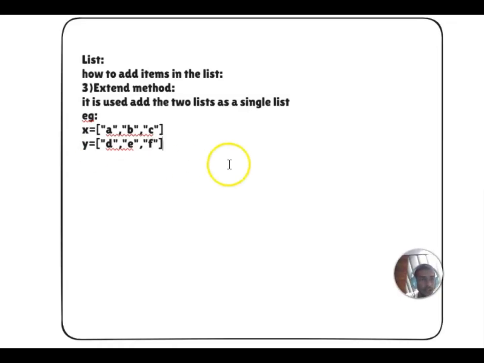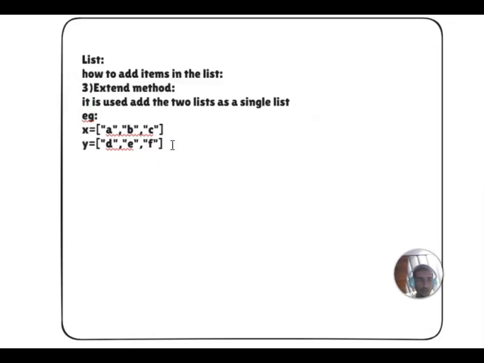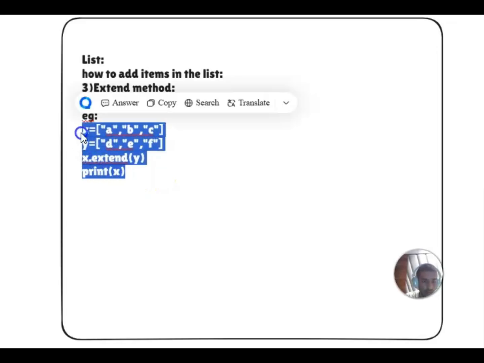Let's try to add these two lists as a single one. Let's take x dot extend and write the second list that you want to add with the first, and print the x and try this code in VS Code.